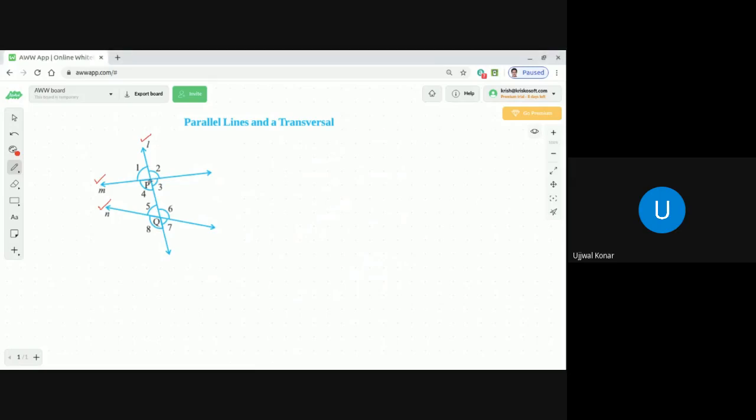So these are the points P and Q, correct? And therefore, L is a transversal line for M and N.